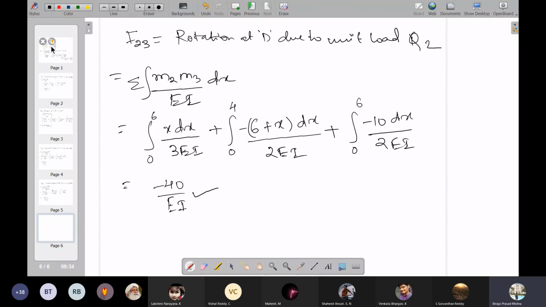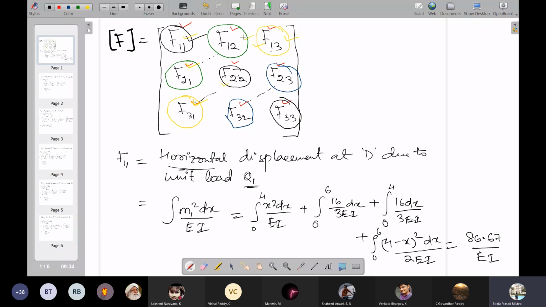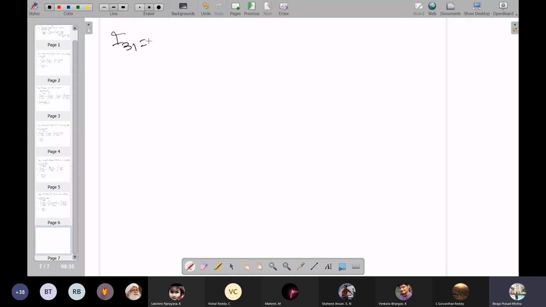Okay, so now we have determined F11, F12, F13, F21, F22, F23, F31, and F32 also. Now we will determine F33. But first for the others, let me write. F31 equals the horizontal displacement at D due to load Q3.